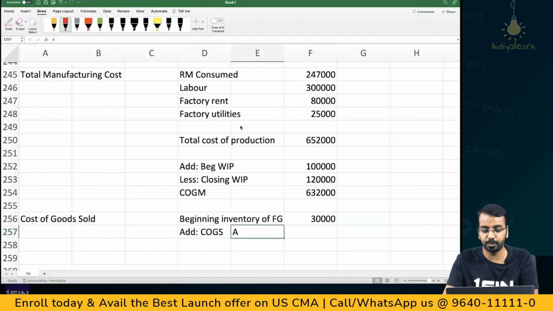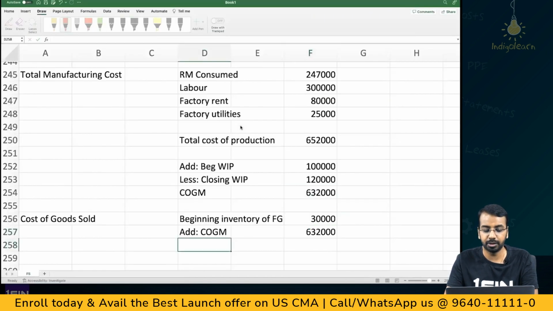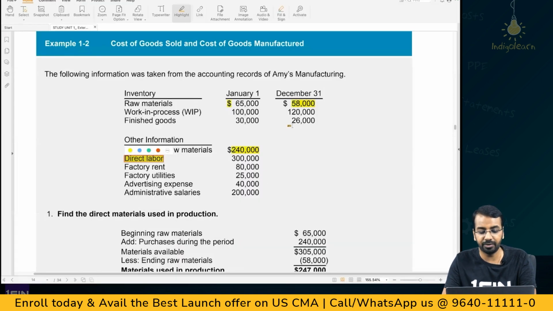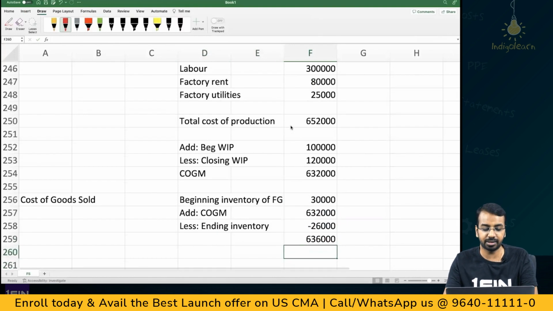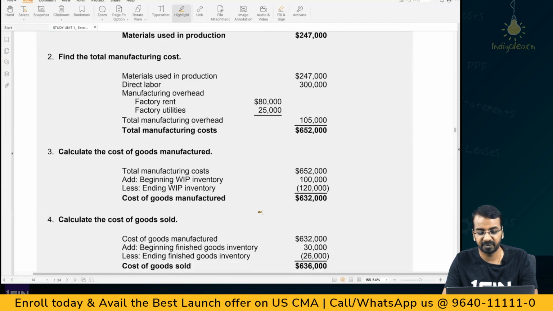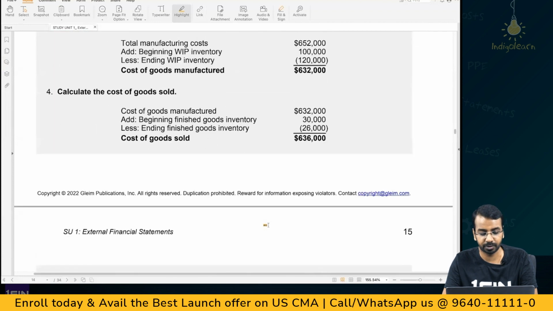Add cost of goods manufactured, which is 632, less ending inventory. How much is the ending inventory? Ending inventory is 26. So 30,000 plus 632 minus 26, 636 is the cost of goods sold.